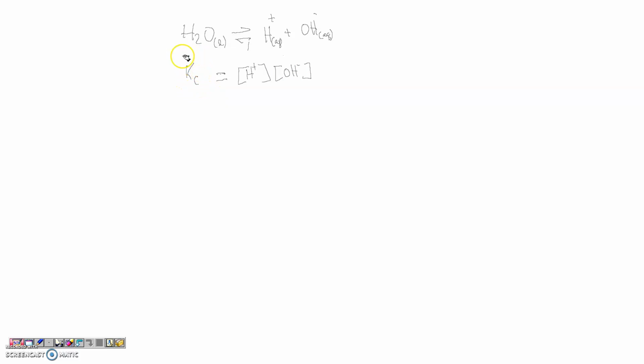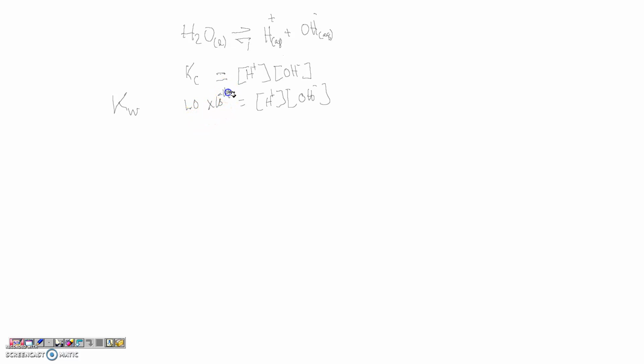Now, this K has a value. That value is 1.0 times 10 to the minus 14 equals H plus times OH minus. And this K actually is KW, the product constant of water.